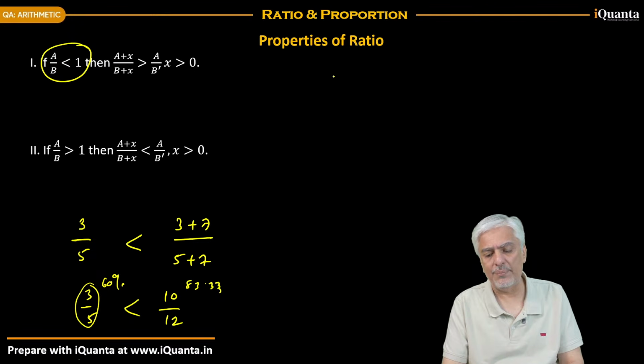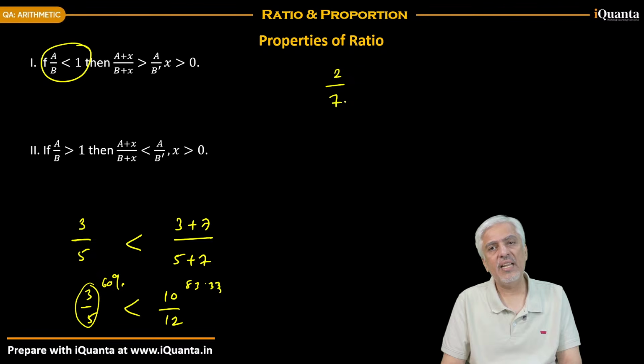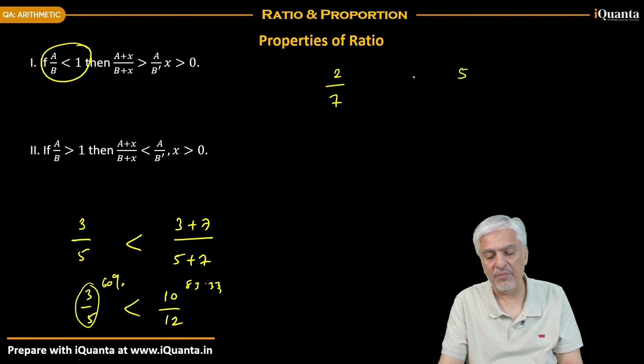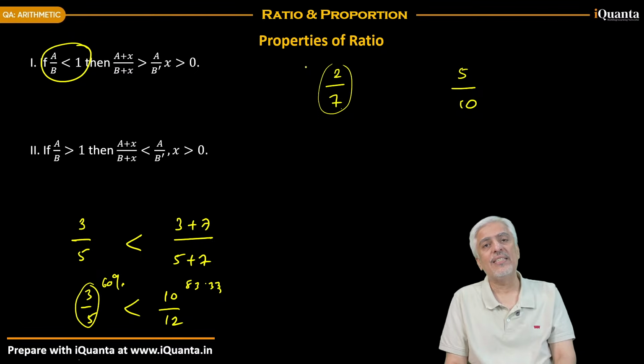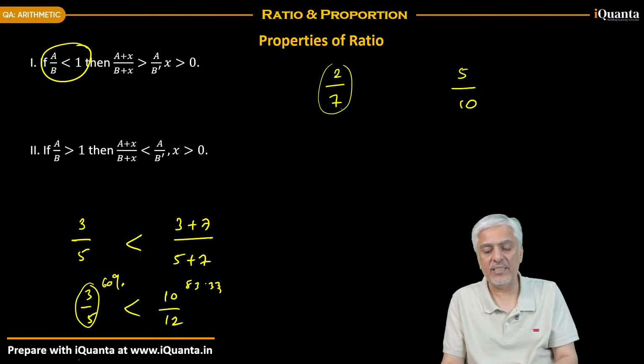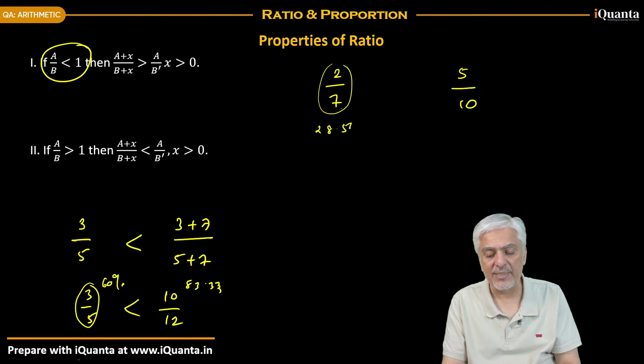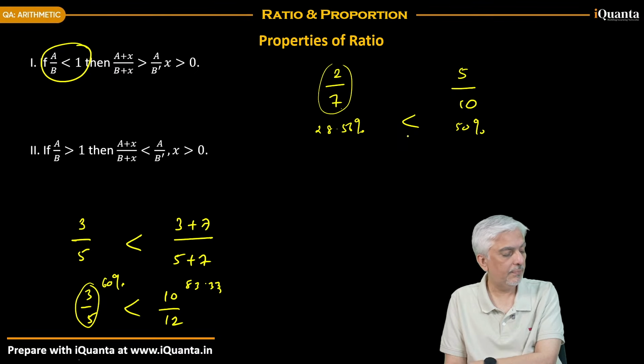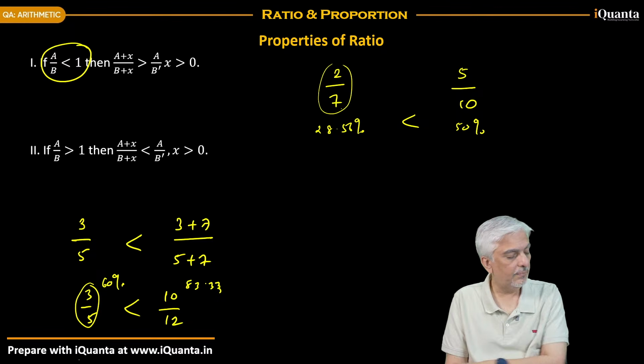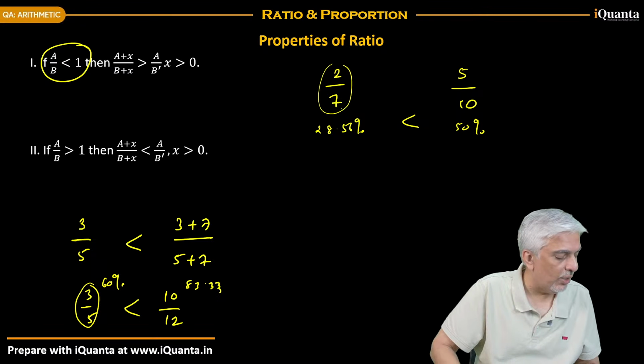You can take one more example. 2 by 7. Add 3 and 3. This will become 5 by 10. 2 by 7, if you know your percentages and fractions well, is roughly 28.56%. 5 by 10 is 50%. So this is bigger. Prachi, Priyanshu, are you clear?